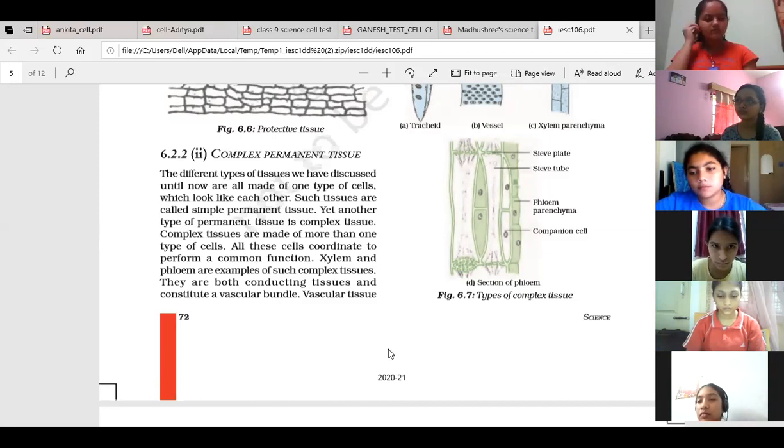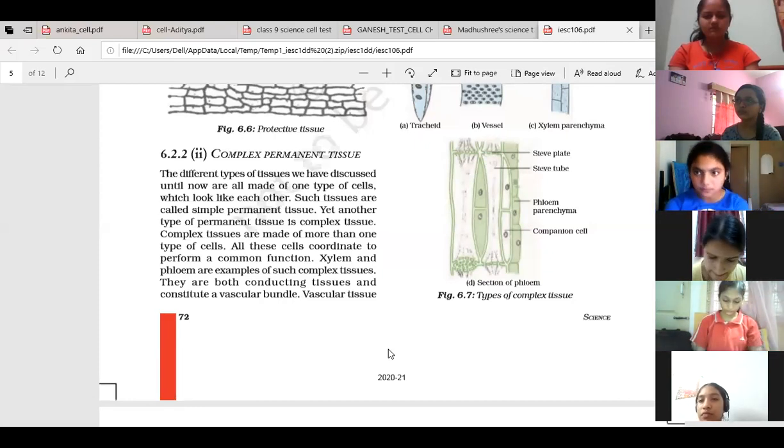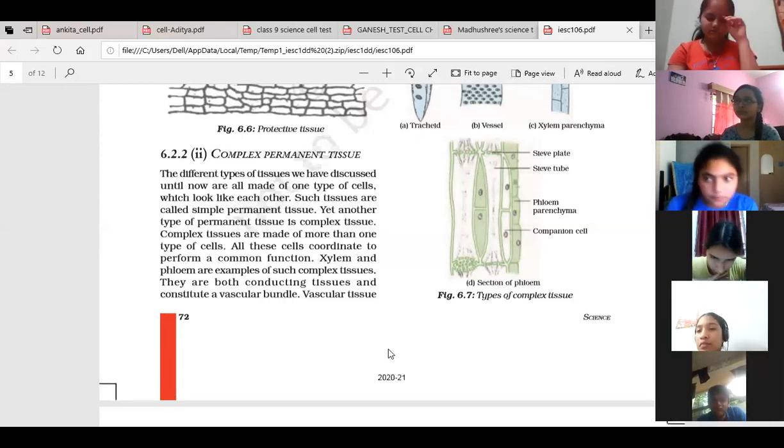Everyone's function is different. One is doing the protection part, another provides nourishment, another provides the path for movement. Many different cells are present together. All of them perform the same main task, but the function is divided into different cells.